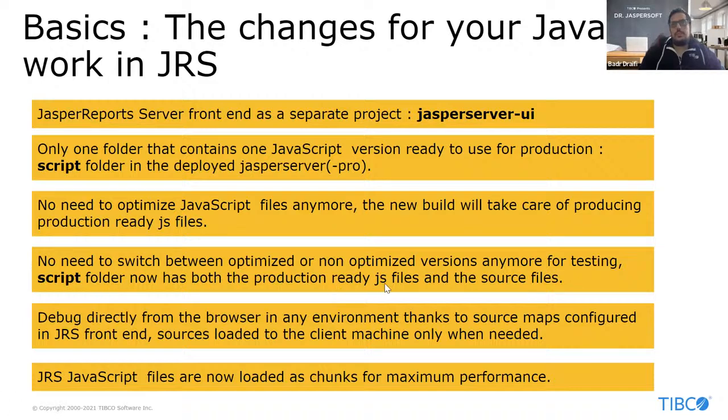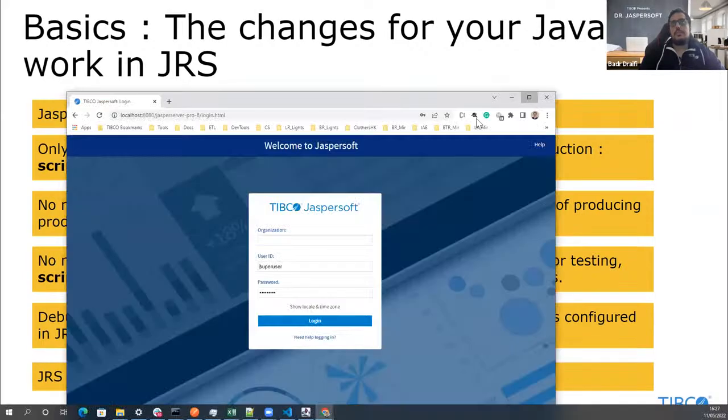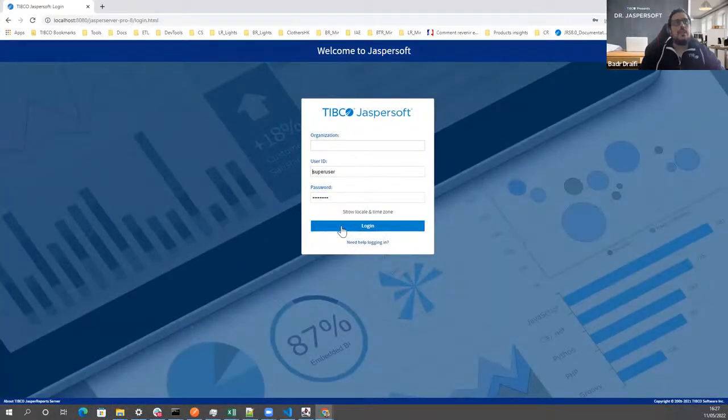The scripts folder has both the production ready JS files, and we can debug directly from the browser in any environment thanks to source maps configured in JS front end. Sources are loaded to the client machine only when needed. I'm going to show you what I'm talking about here in this JasperReports Server 8 instance.